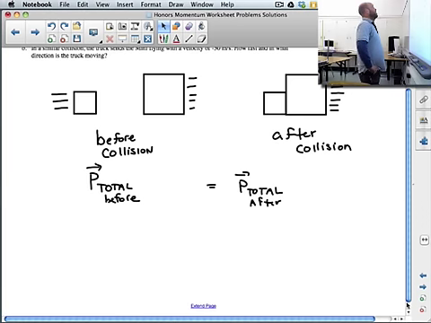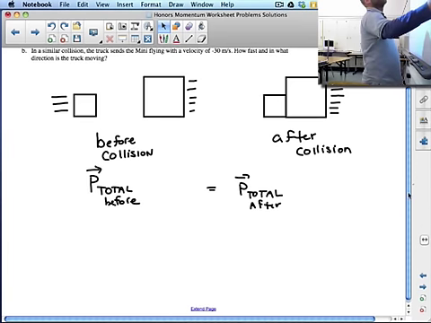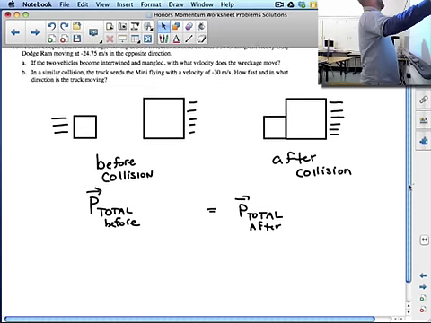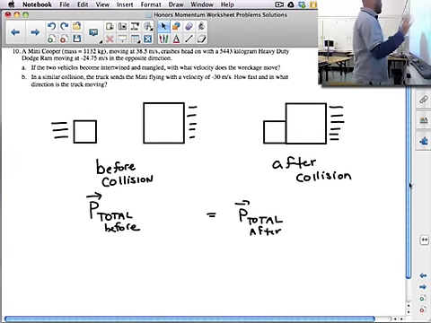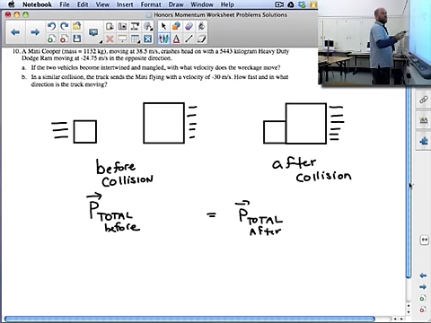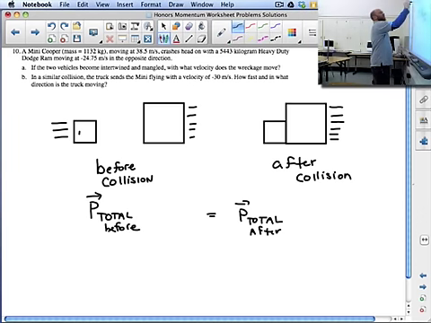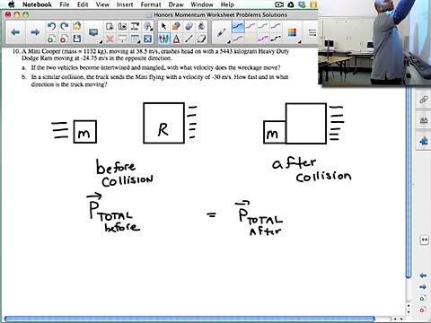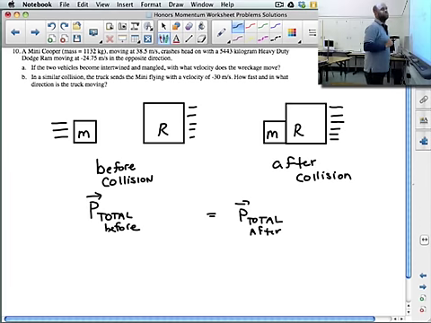Let's see here. Let's see what we know. All right, so there's two momentums before the collision. This is the Mini, I'm going to call it M, and this is the Ram, okay? And the Mini and Ram are one after the collision. So it's going to be momentum of Mini.